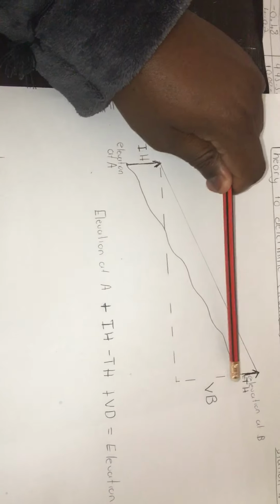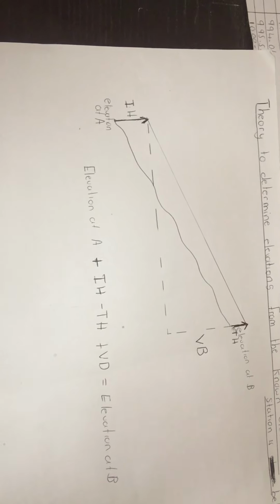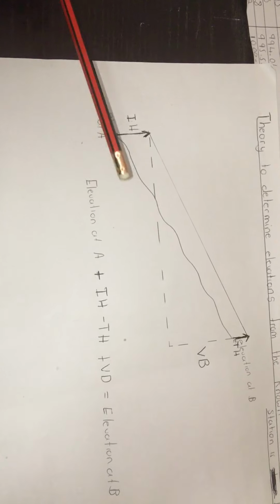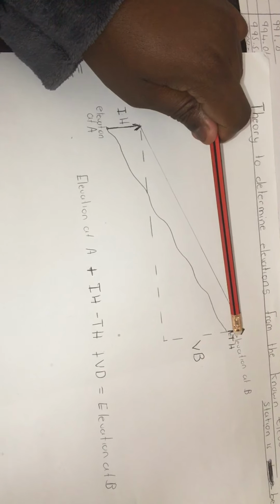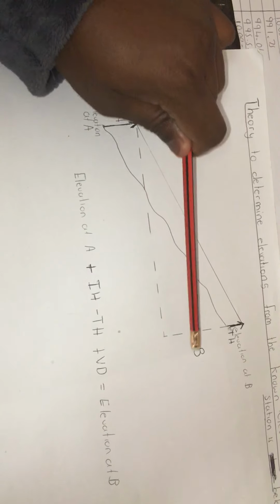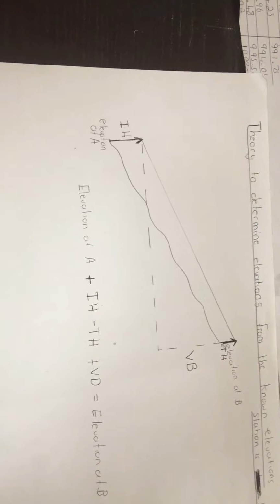This is the instrument height, and this is your target height. So you always subtract your target height. Don't forget that. The elevation at B, which you're trying to determine, is above, and this is your VD. So you add your VD because you're moving upwards, taking a reading upwards. So you add your VD in this case.